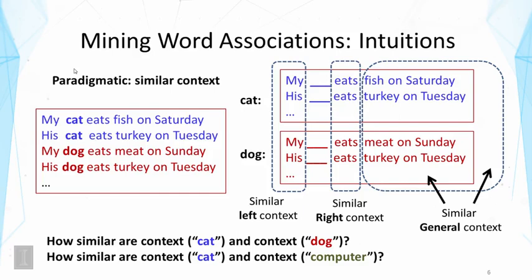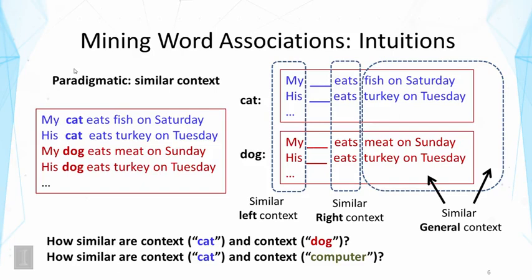So for example, if we think about the following questions: how similar are context of cat and context of dog? In contrast, how similar are context of cat and context of computer? Intuitively we would imagine the context of cat and the context of dog would be more similar than the context of cat and context of computer.